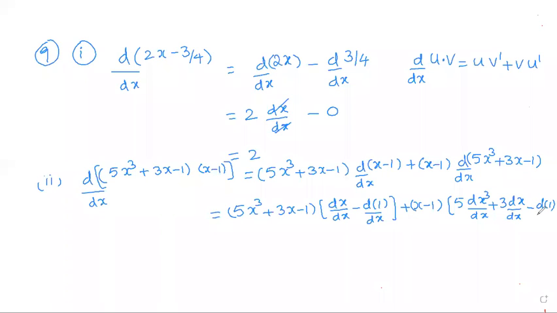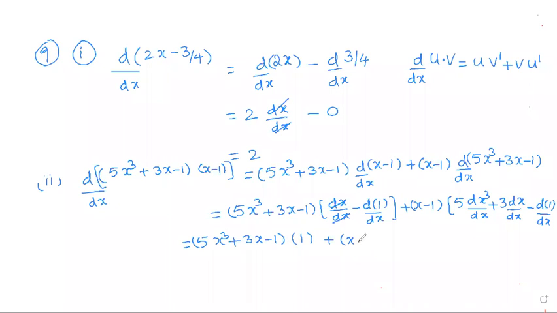Now write down 5x cube plus 3x minus 1. dx is cancelled. The value is 1. 1 minus 0 is 1, so x minus 1.